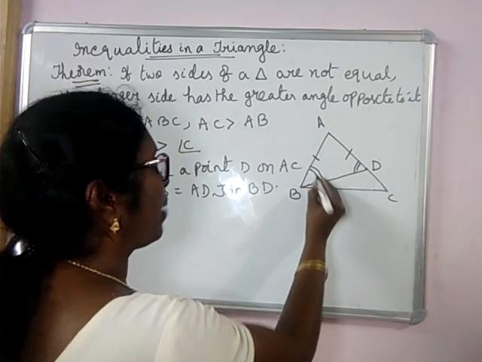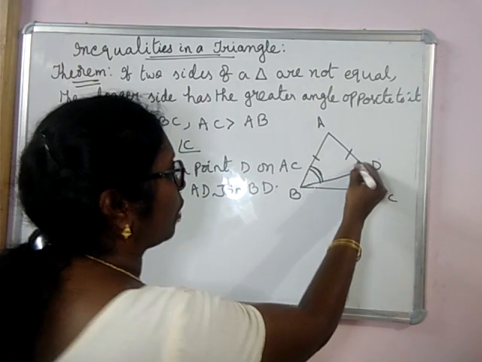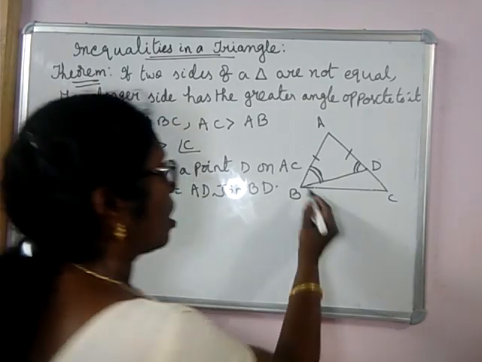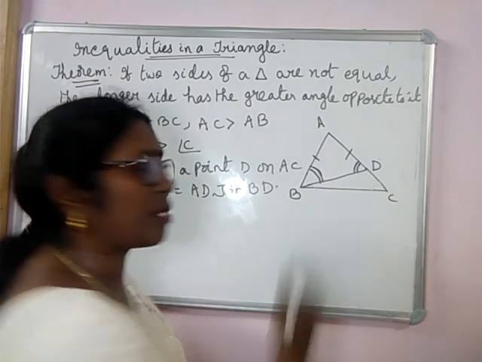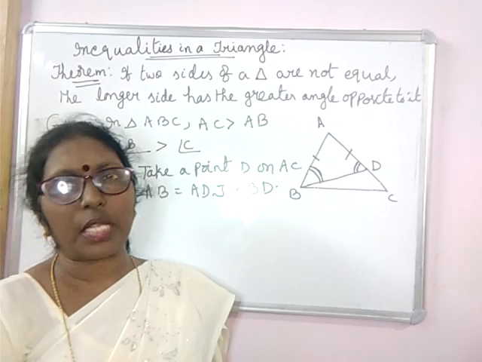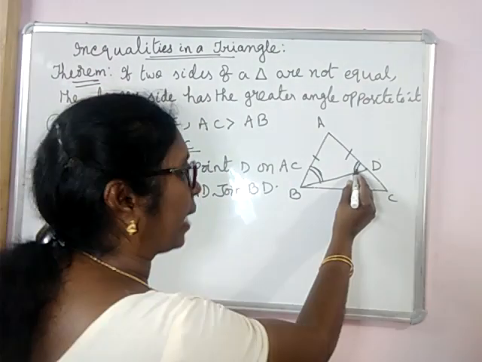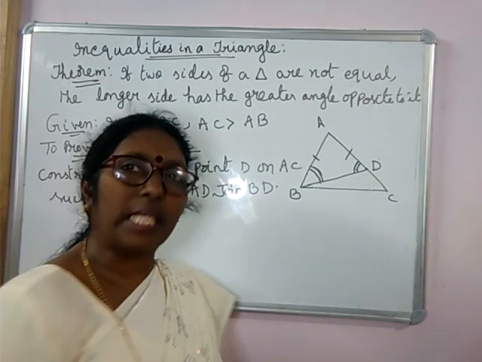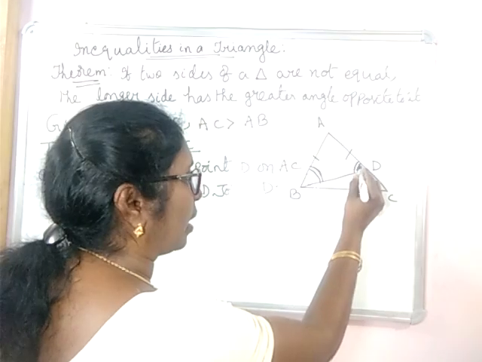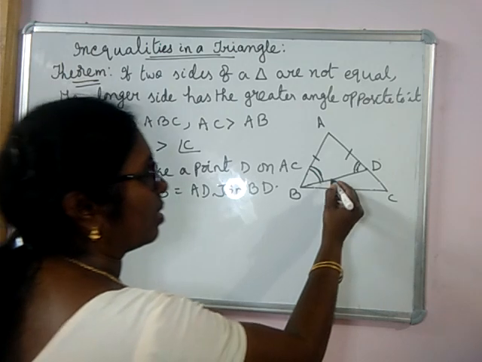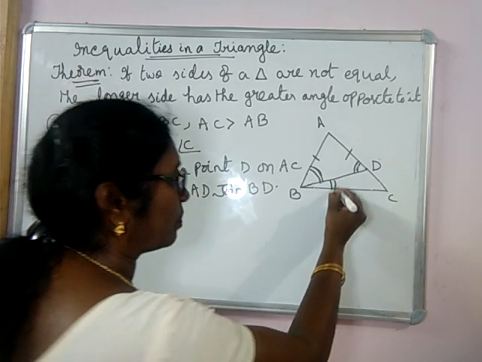So in triangle ABD, this angle is equal to this angle. But for triangle BCD, angle BDA is the exterior angle. We know that exterior angle is greater than its interior opposite angle. So this angle is greater than this angle.